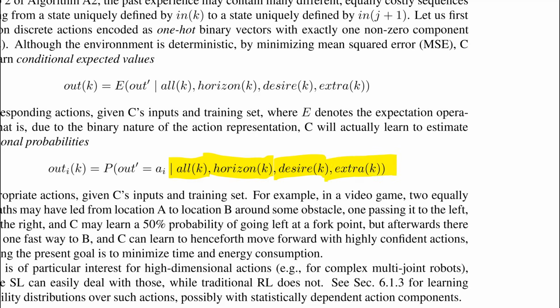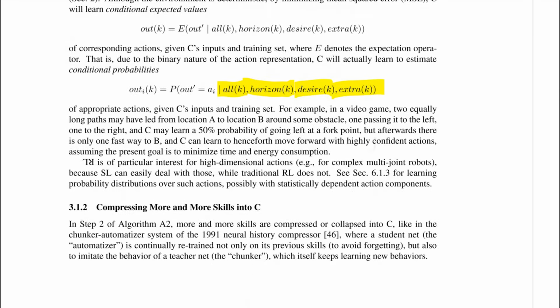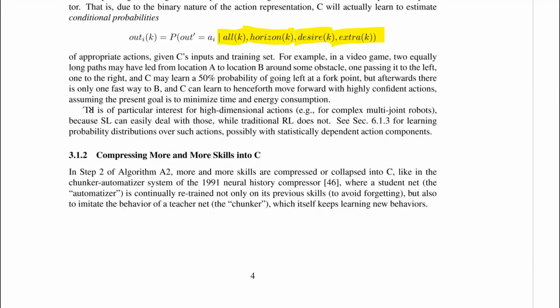And then you can also input some extra goals that you have. And so you can see basically any episode that you've run in the past will give you a valid training example for this. Your model will simply learn to match the previous experience with the goals that were achieved in the previous experience.